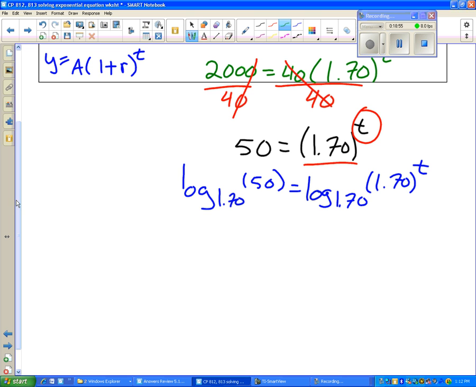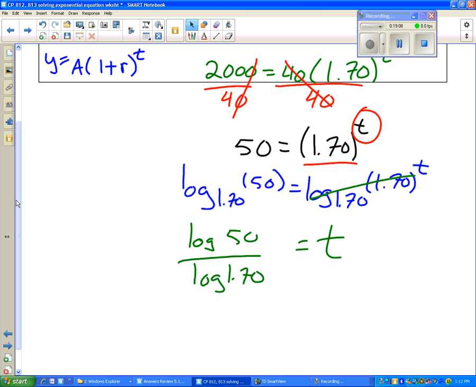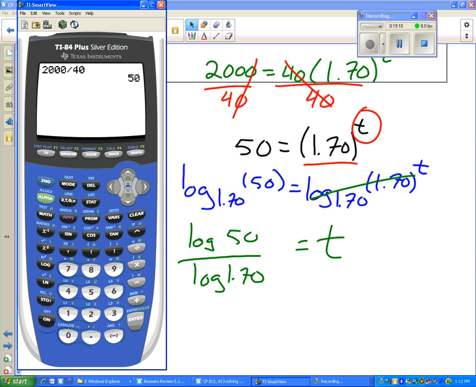Once again, the log and the exponent cancel, leaving t. So over here, and I haven't been writing this out, change of base is log of 50 over log of 1.70. That's my change of base formula, so I can pull up my handy dandy calculator.